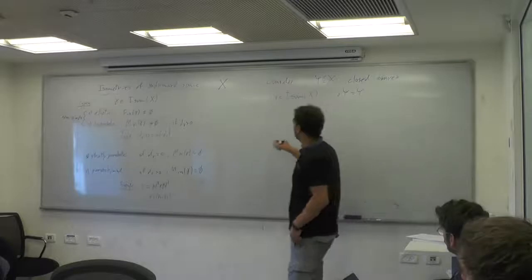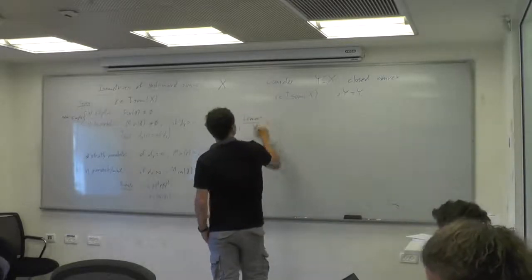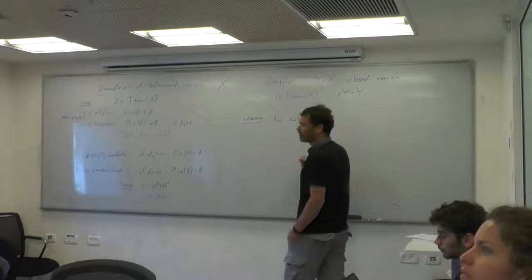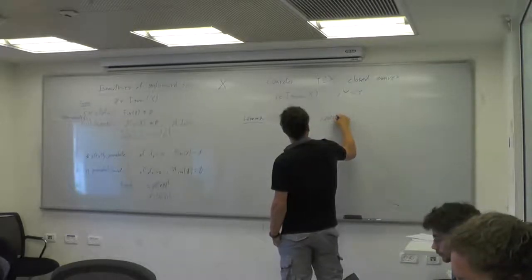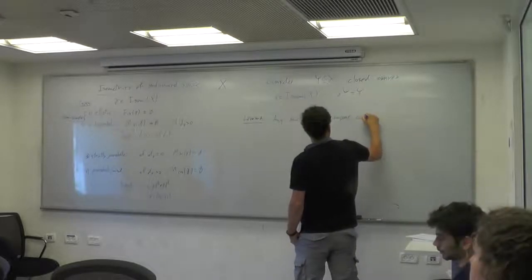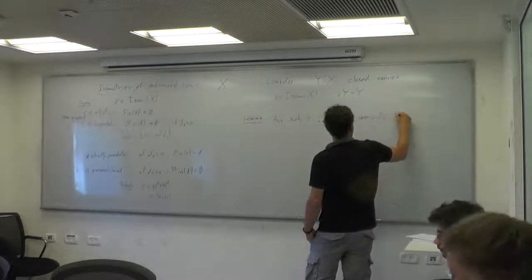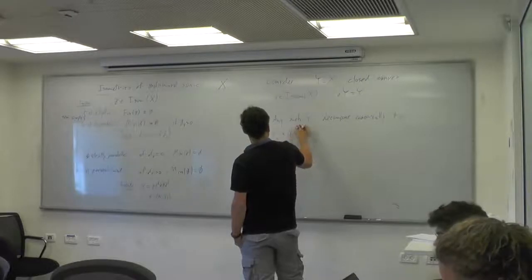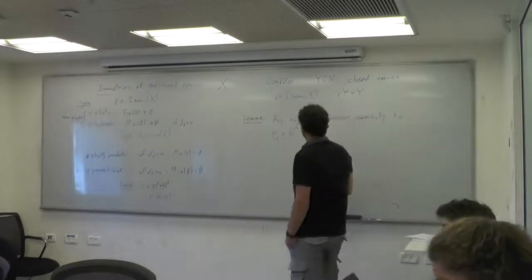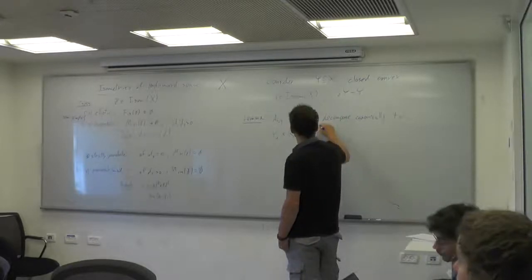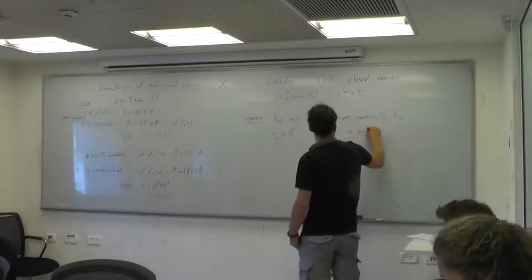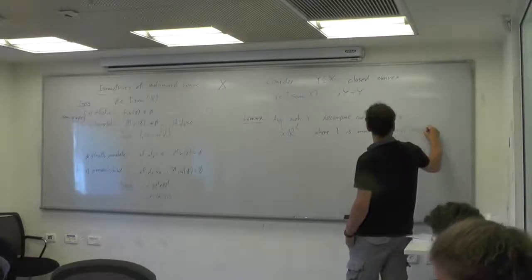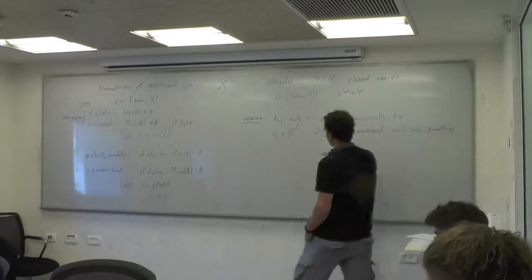So this is a lemma. Any such Y, so a closed convex set, decomposes canonically to Y1 cross R to some L, with L maximal, and any isometry of Y respects this decomposition.